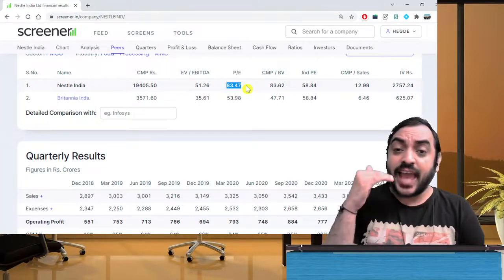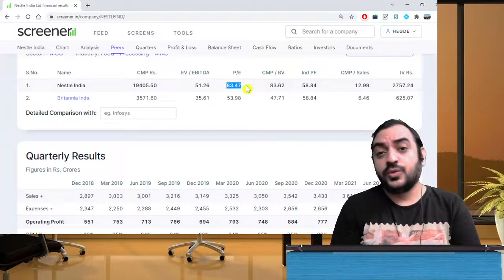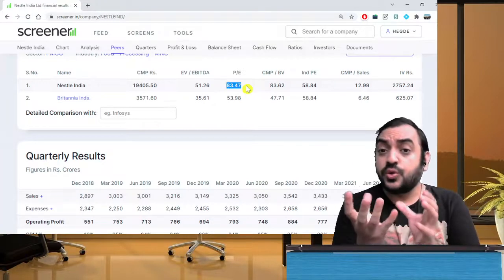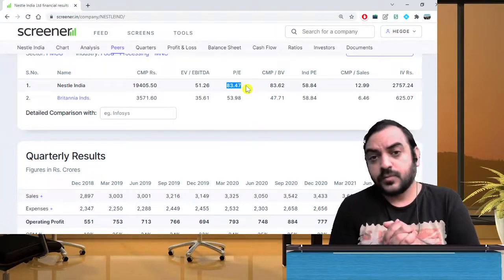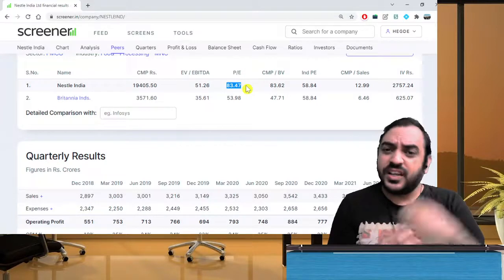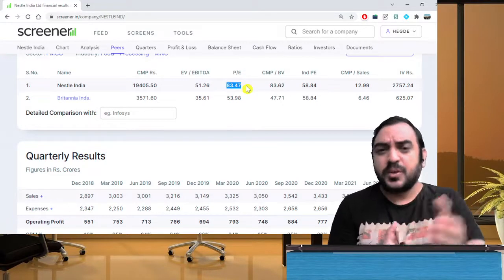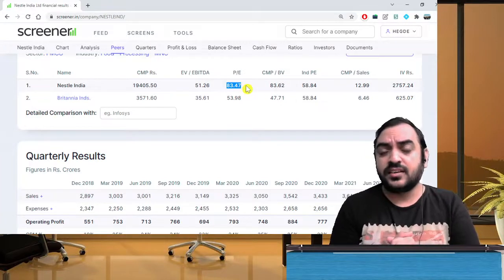Whatever its annual earnings, its value is 83 times that. So P ratio is also a kind of confidence level. High P ratio means high confidence level. For these earnings, I am ready to pay more because Nestle India's earnings are consistent and will not be fluctuating.